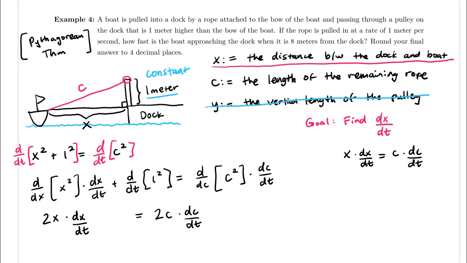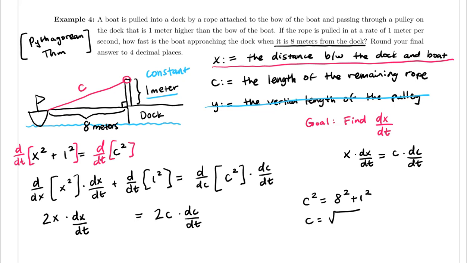It says in the exact moment in time that we're snapping our picture and freezing, it says when it is 8 meters from the dock. And so here we've snapped our picture when this is 8 meters. And we also want to figure out c, and let's do that by using the Pythagorean theorem. So c squared in that exact moment in time is equal to 8 squared plus 1 squared.